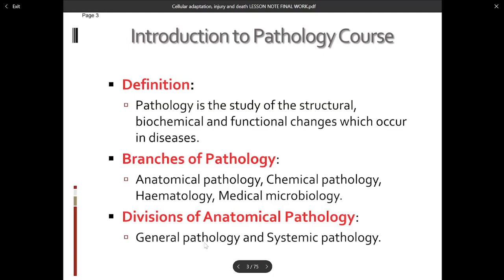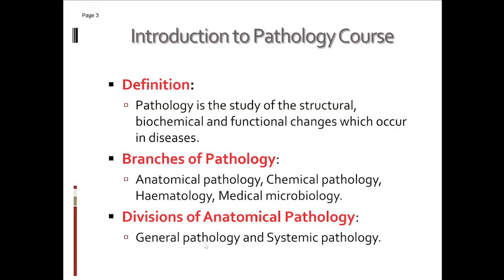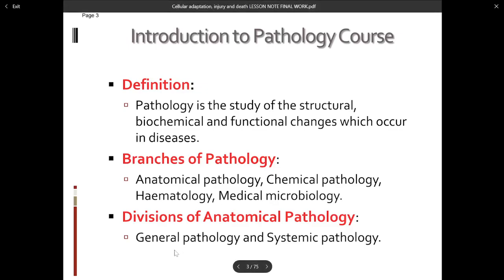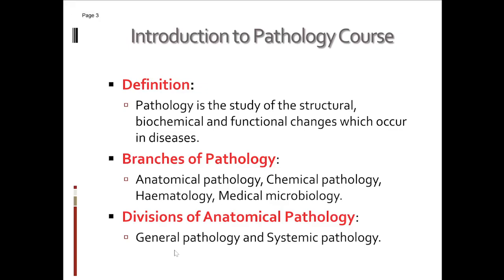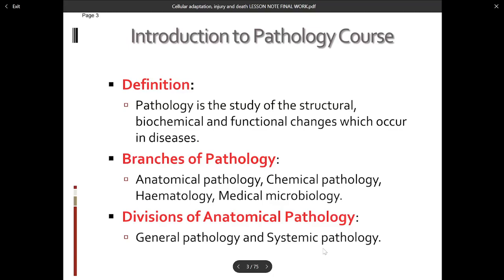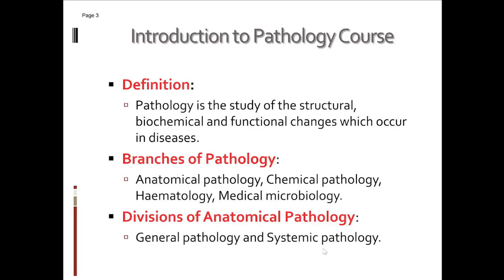General pathology has to do with the study of the basic principles of pathology, and these include inflammation, repair, adaptation, cell injury, etc. While systemic pathology has to do with the study of diseases that are specific or associated to a specific system.